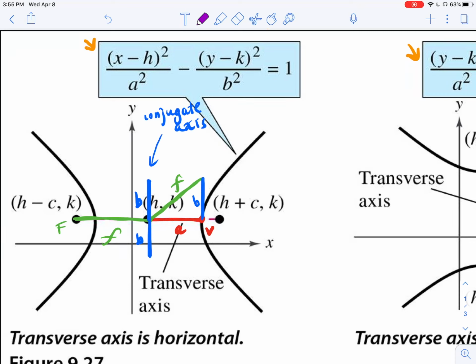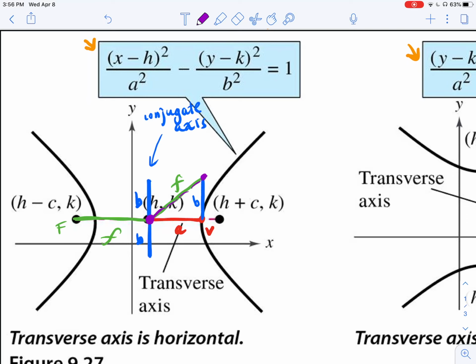So what do these asymptotes look like? Well, I'm going to use my A and B values as I mentioned before. So in this case, I'm going to be going from the center. I'm going to start from the center. I'm going to go up B units and to the right A units until I get something that looks like this.